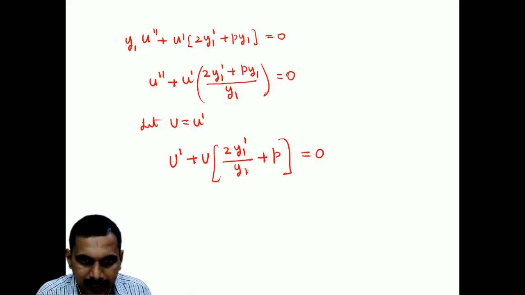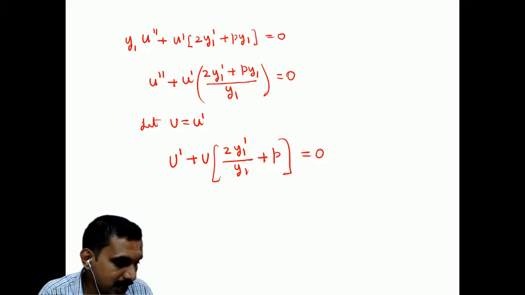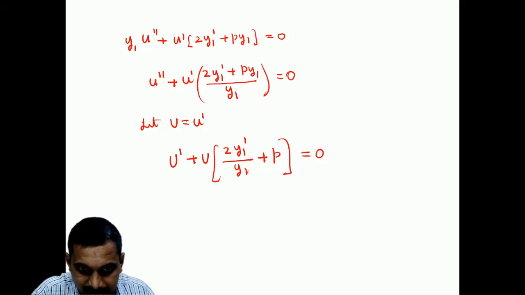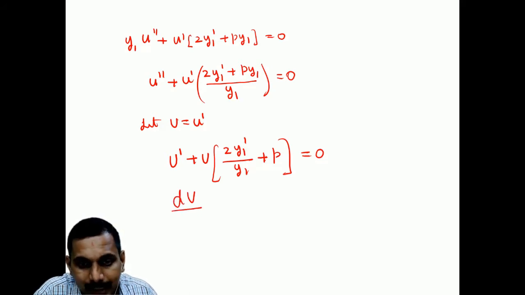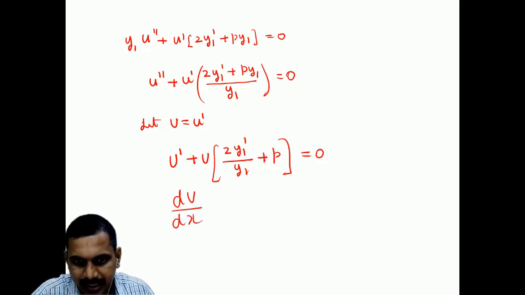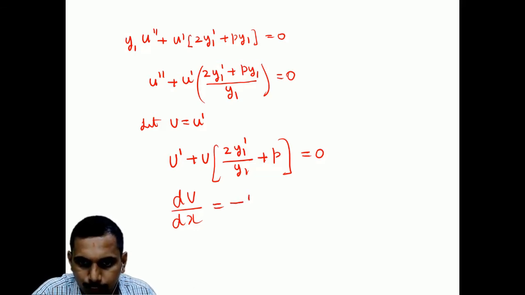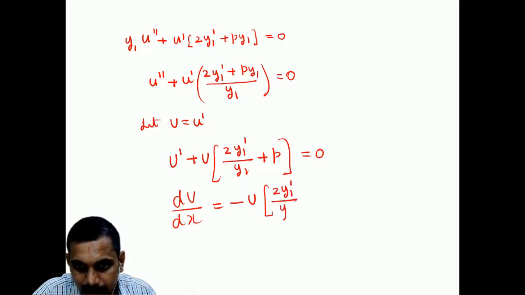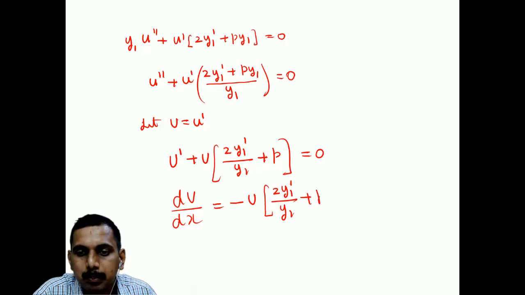Now let us go further. If I take this thing to the other side, I can write du by dx, u dash is du by dx, correct, is equal to minus of u into 2 y1 dash divided by y1 plus p.